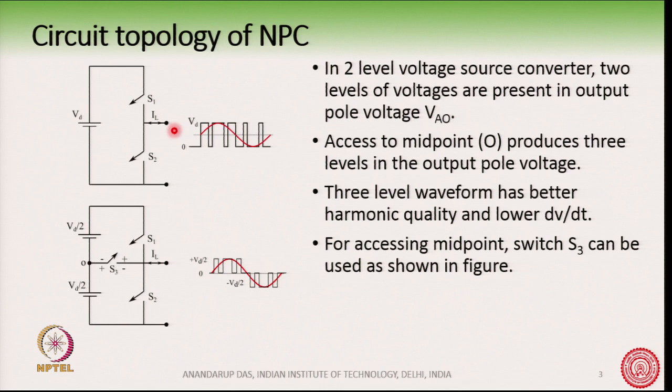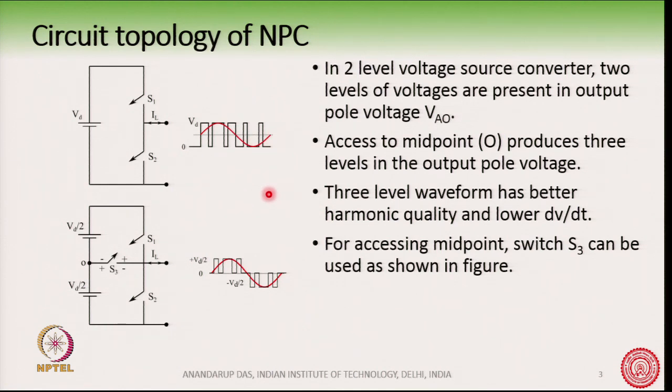If you see here, the voltage output of a conventional voltage source 2-level converter is something like this, where the output voltage is varying between 0 and Vd, and by using sinusoidal pulse width modulation, we are changing the width of the pulse sinusoidally, so that we get an embedded sine wave inside the output of the converter.